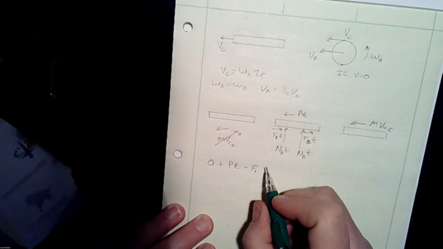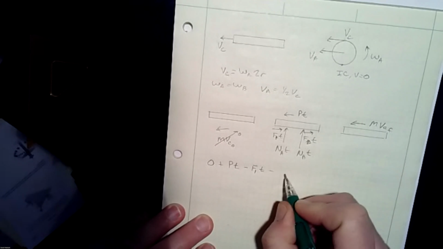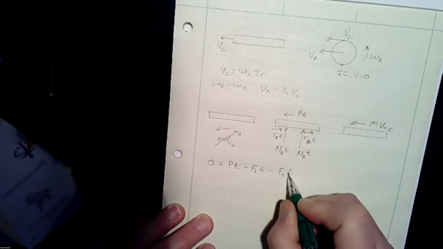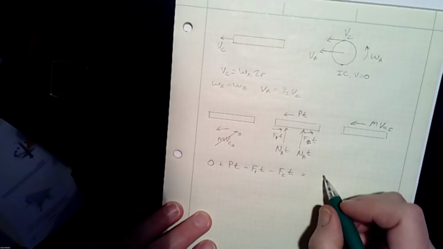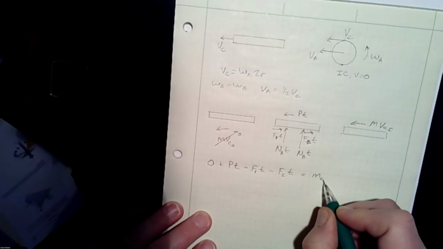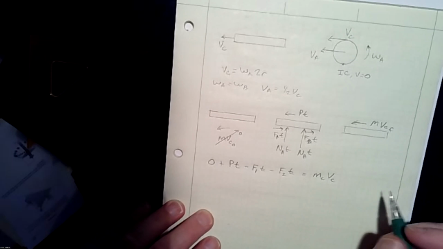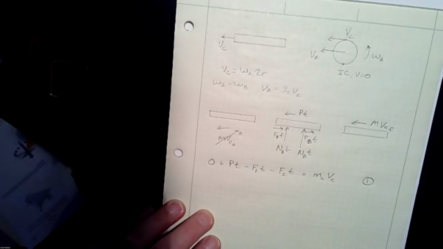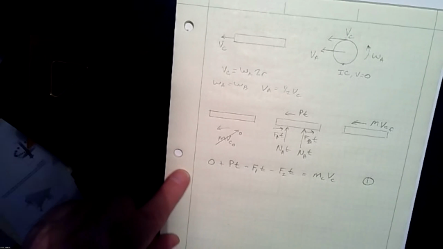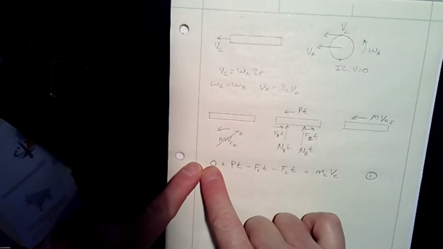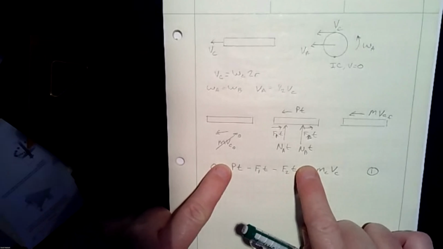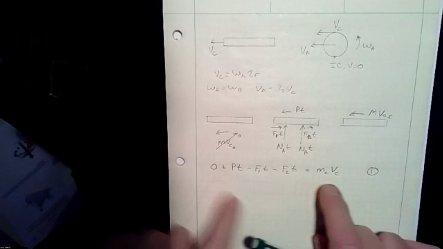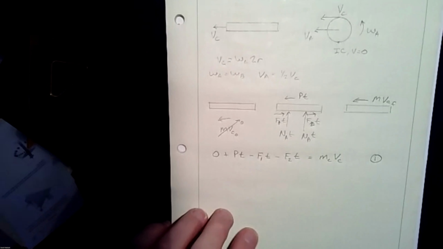So F1T minus F2T equals m VC final. We'll call that our first equation, and that's just the impulse momentum. There's zero initial. This is all the impulse that's acting in the direction of travel, and then the final. And that's all that is.